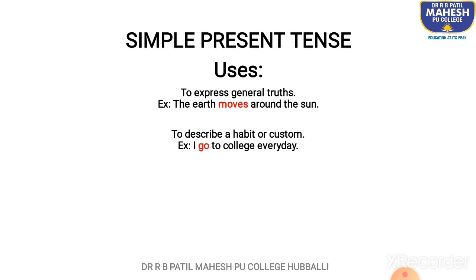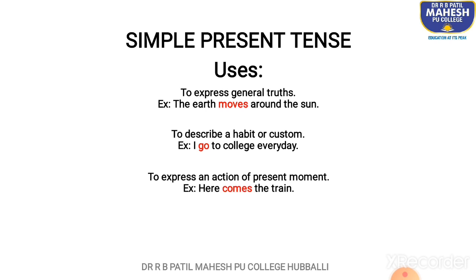So go is the base form of the verb, and the sentence is in simple present tense. An action which is done is a customary action or a habit. So whenever we talk about such actions, we always use simple present tense. Example here: I go to college every day.